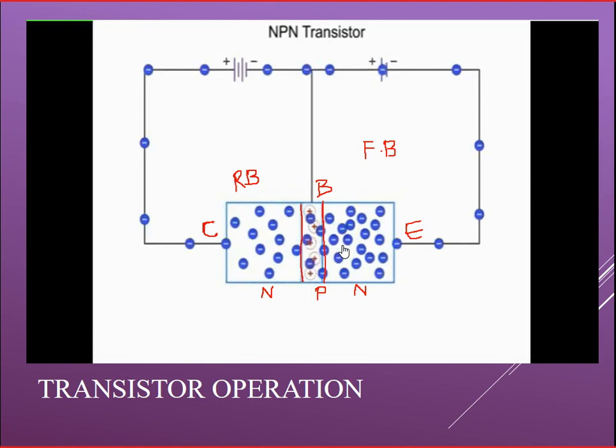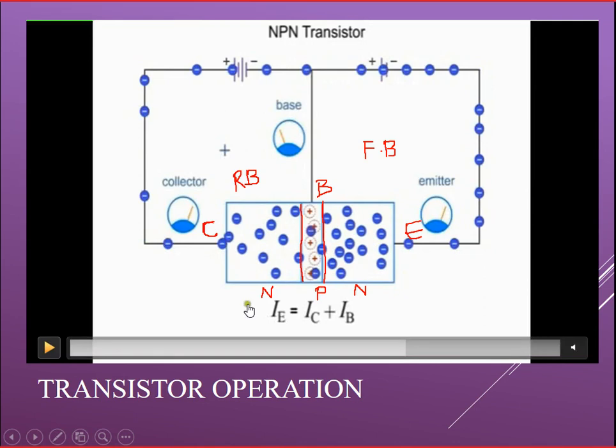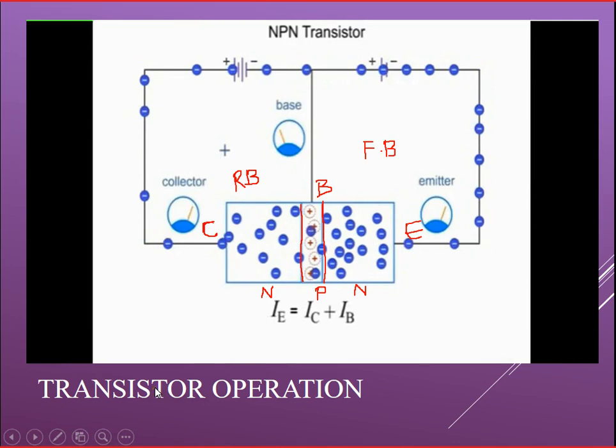So this is how the electrons start to flow. The emitter also has current flow, and the collector also has current flow. If it is a path, the current will circulate through the entire circuit. Here the electrons start to flow, cross the first junction, and then cross the second junction.